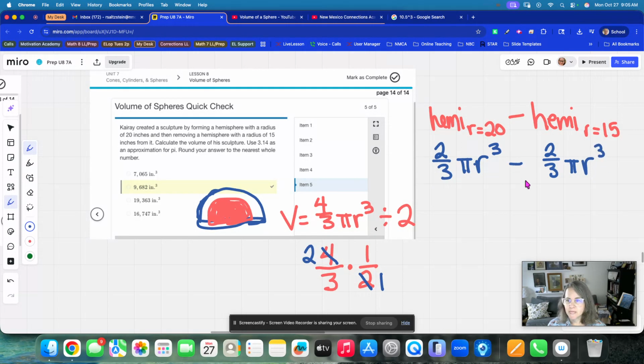All right. I'm going to keep this in terms of pi, and I'll show you why at the end. Let's double check that these are radii, and they are. So we've got 20 cubed here and 15 cubed here. So 2/3 times pi times 20 cubed minus 2/3 times pi times 15 cubed.